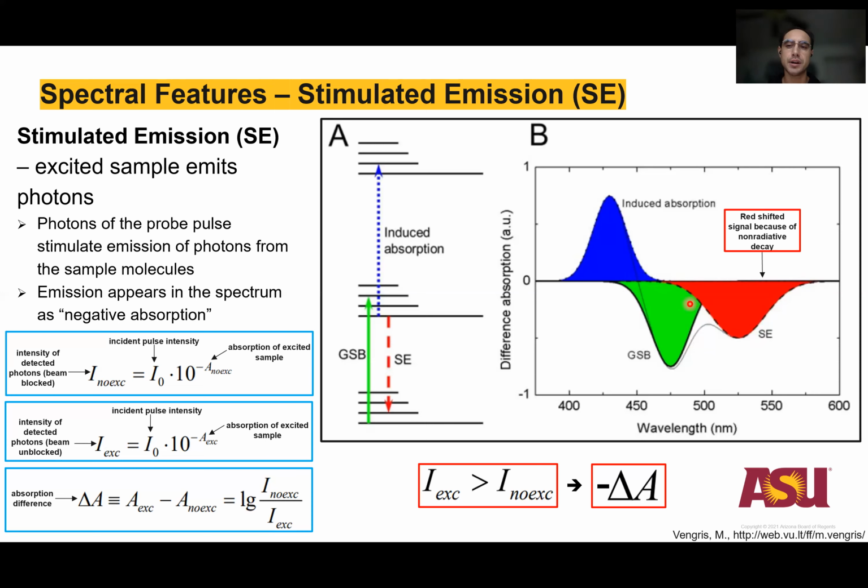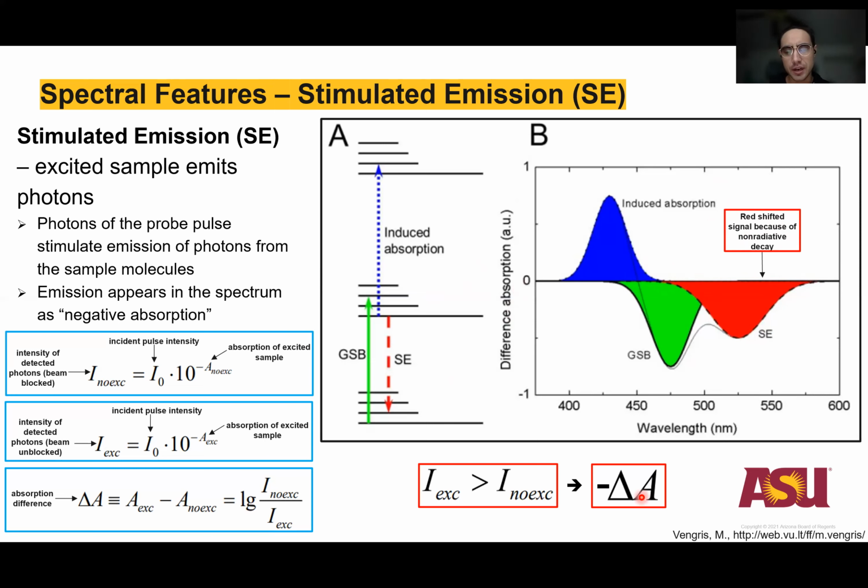And then also this signal is going to be redshifted because of some of the non-radiative decay that occurs due to some of your excited state going back to the ground state non-radiatively.